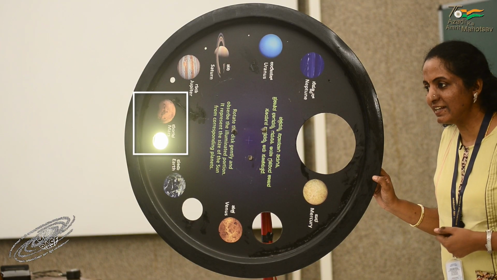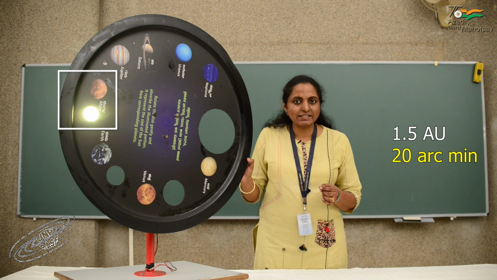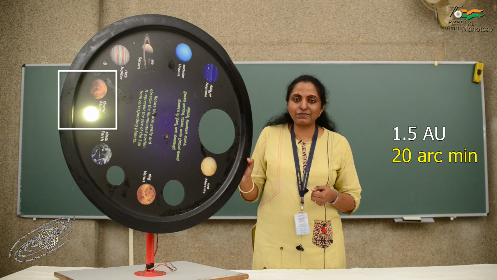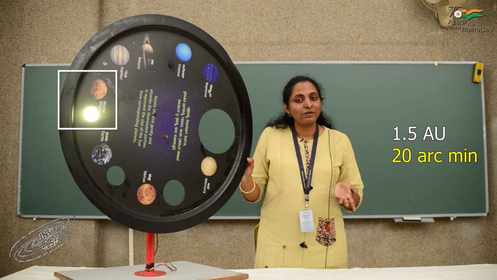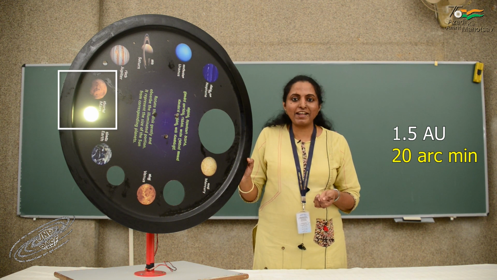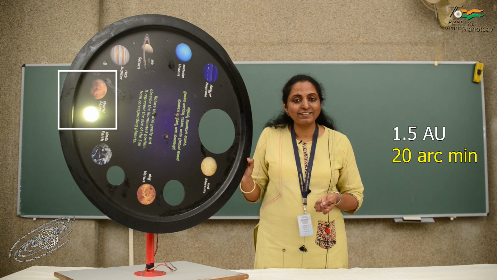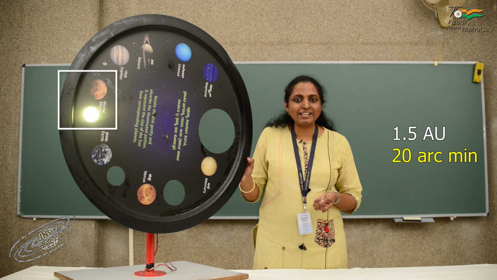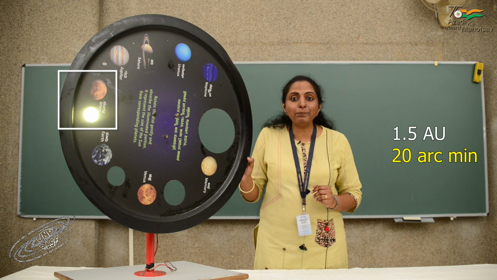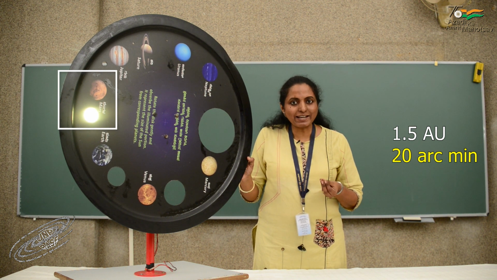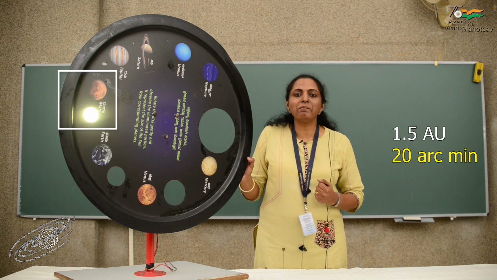And the next planet is Mars, which is at a distance of 1.5 astronomical units from the Sun, which is roughly 1.5 times more than the distance to the Earth. Therefore, the Sun appears slightly smaller there. It appears to have an angular size of 20 arc minutes in the Martian sky.